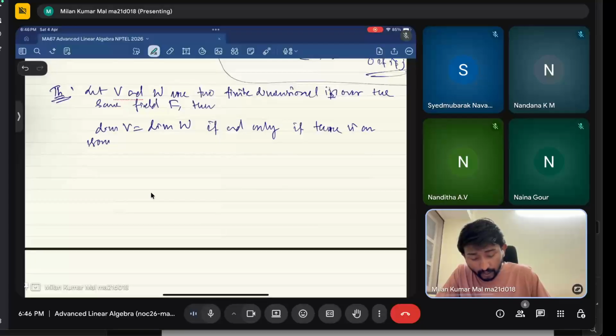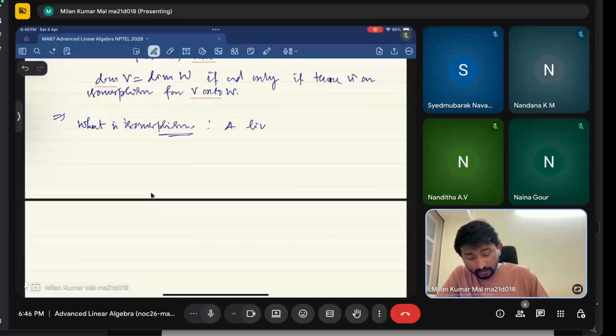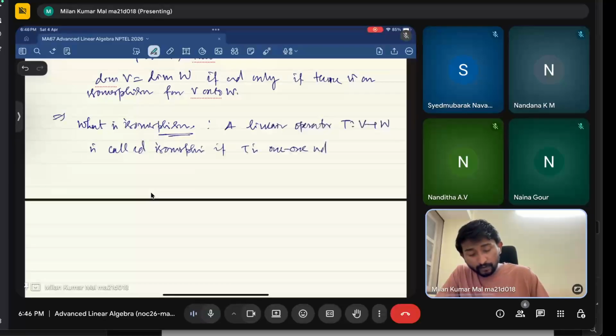What is isomorphism? I hope you all know, but still I just want to recall what isomorphism is. Note that isomorphism is something about a linear operator T from V to W. It is called an isomorphism if T is one-one and onto, that is bijective, and the most important property is that the inner product of T alpha and T beta is equal to the inner product of alpha and beta.